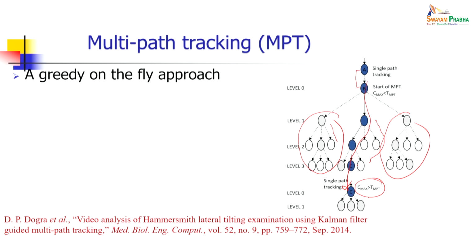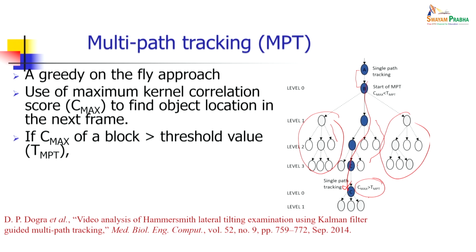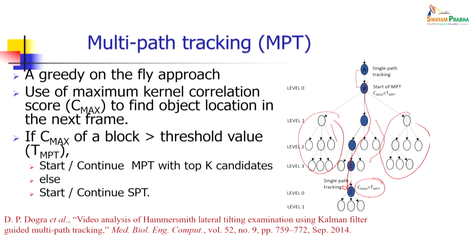To summarize this technique, it's a greedy on-the-fly approach, and it uses the maximum kernel correlation score to find the object location. If this score is quite strong, then of course you go for single path tracking.